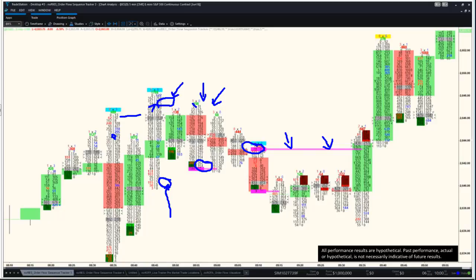We don't do that. I don't care whether you're a fib trader, a pivot point trader, or a lunar galaxy guy who goes long when the planets line up. Whatever your method is, with order flow you can actually say, yeah, I do want to take a trade here.